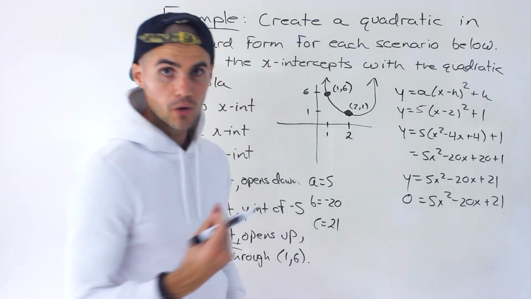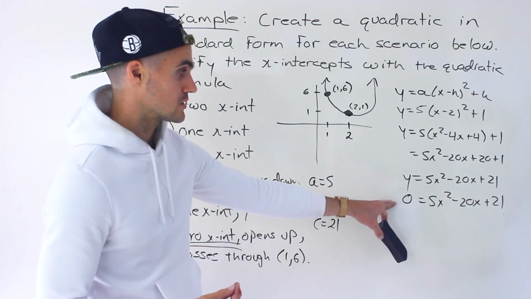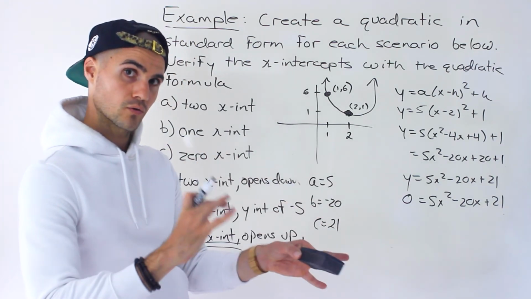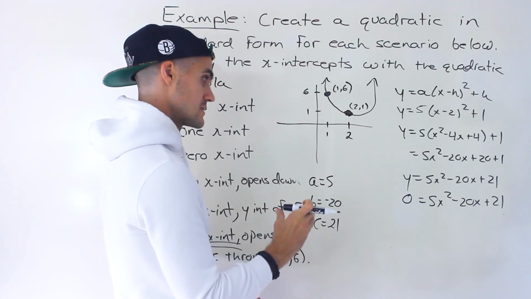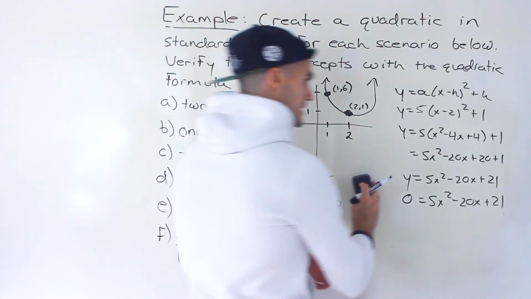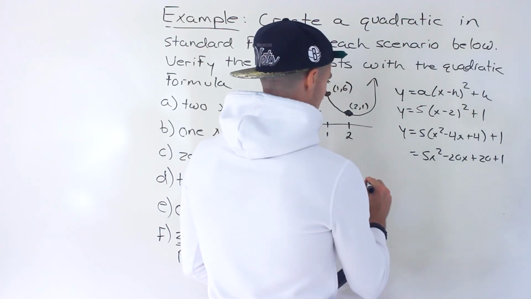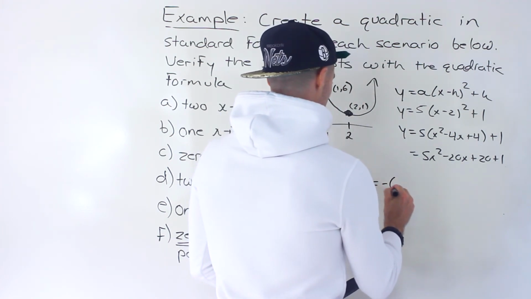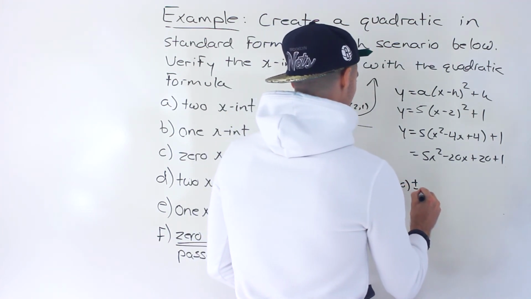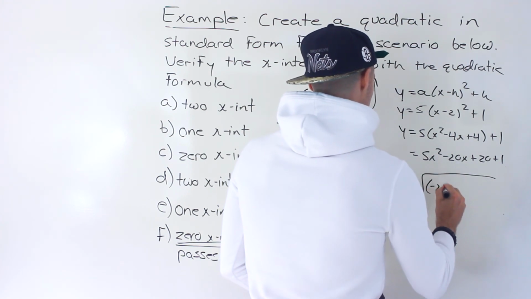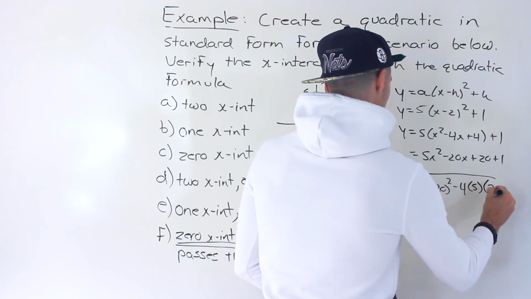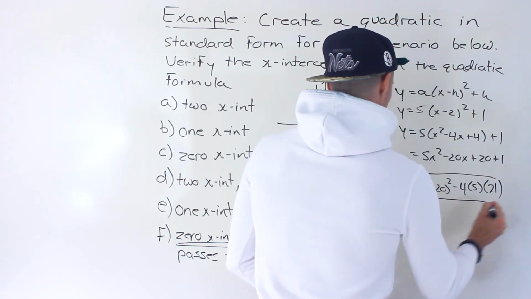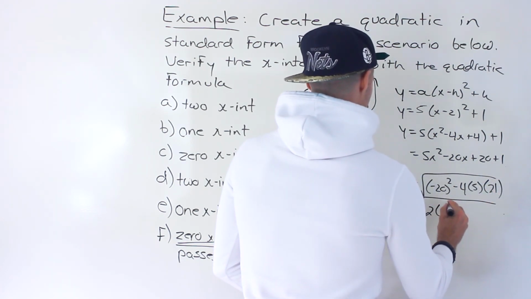And if there's going to be no x-intercepts or no solutions to this quadratic equation, remember that square root, that discriminant, is going to have to be negative. So let's see if we do indeed get a negative value. We'll have x equals negative b, so negative 20 plus or minus negative 20 squared minus 4 times the a value of 5 times the c value of 21, all over 2 times that a value of 5.